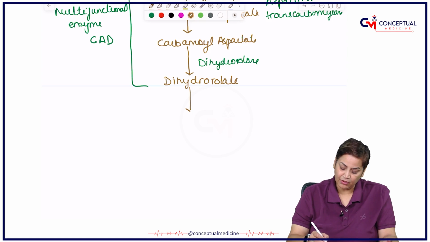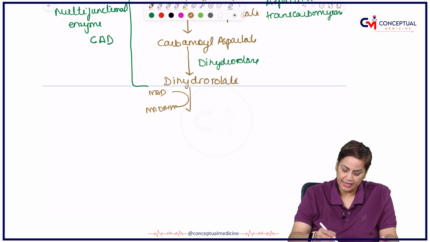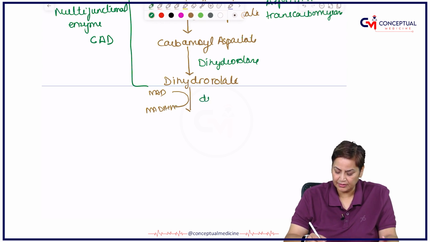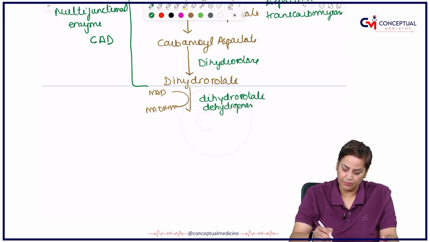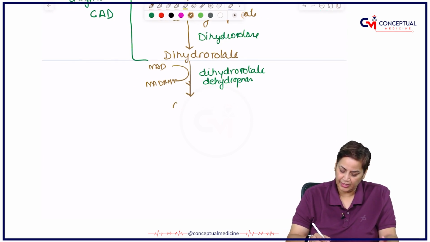Because the enzyme is dihydroorotate dehydrogenase, NAD will be there. Very important, and it is going to form orotate.